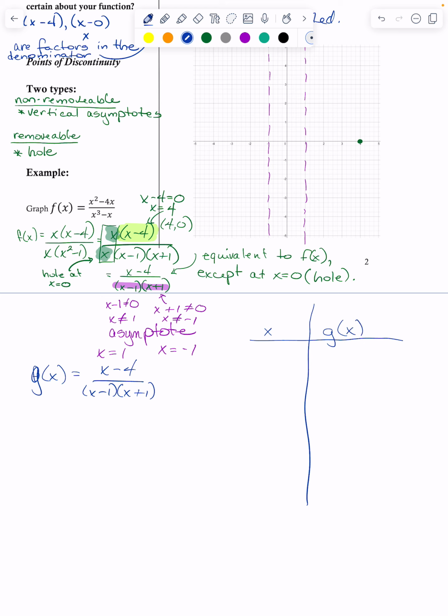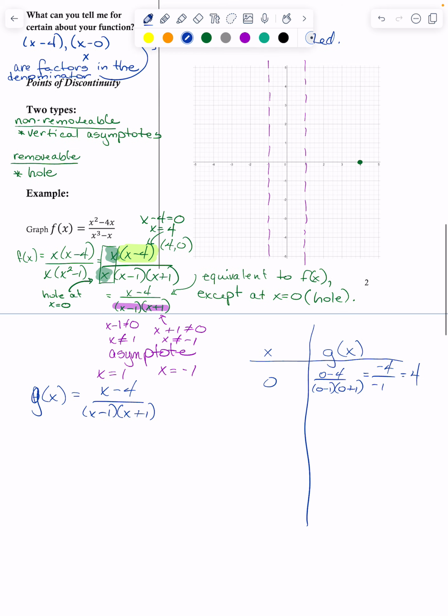I know in my f of x I have a hole at x equals 0. But if I plug it in here, I get -4 over -1, I get +4. I know that that's a hole in my graph, so I'm going to draw it like that with the hole.